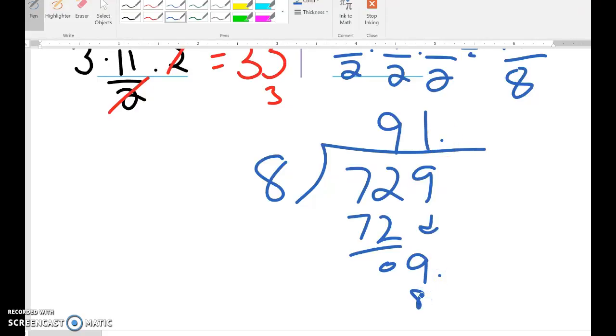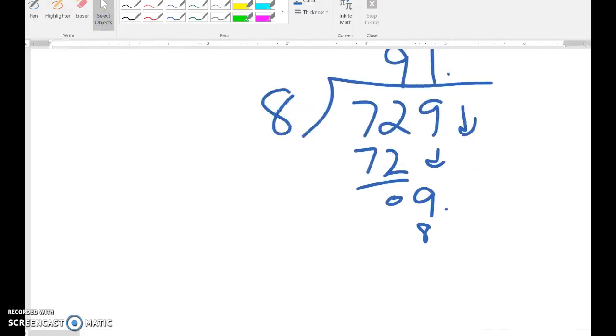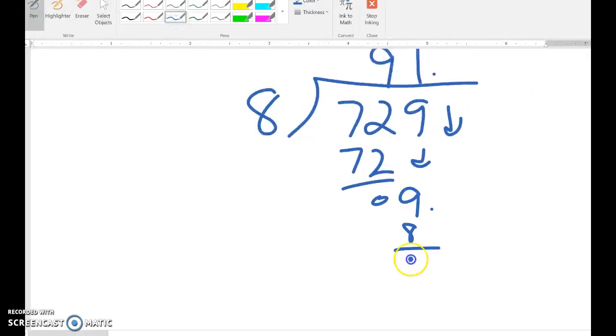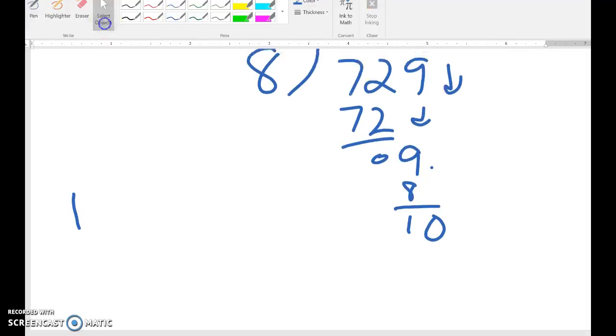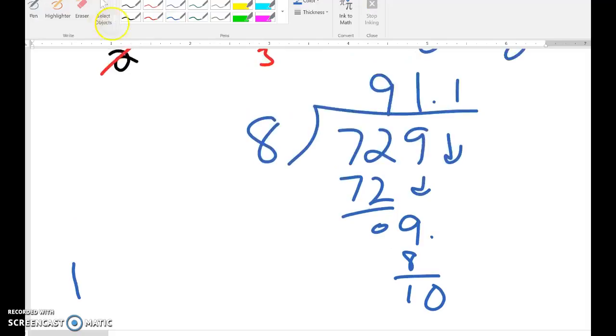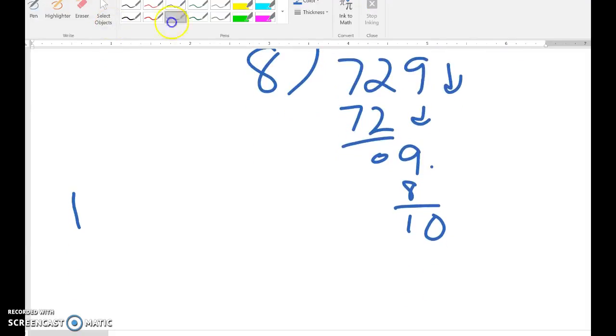So now we have a 10. Right? And that's going to go in one time. And I'm sure you guys are seeing the pattern here that we saw many times in that unit 9. Right? So 1 times 8 is 8. Then we have 20. And then we have 2.